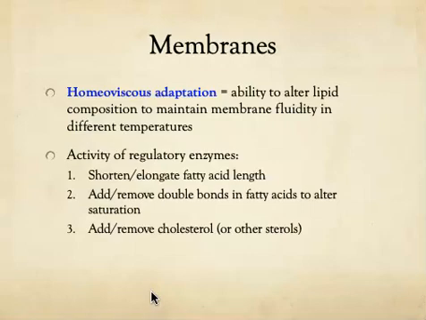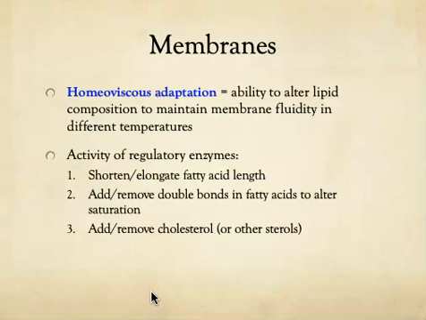Now the nighttime comes and the temperatures start to drop. Because he's a poikilotherm, his body temperature also starts to drop. And as we've talked about today, the temperature will also start to affect his membranes. Because he cannot maintain his body temperature 24 hours a day, the cold temperature will start to cause a decrease in permeability of his membranes.